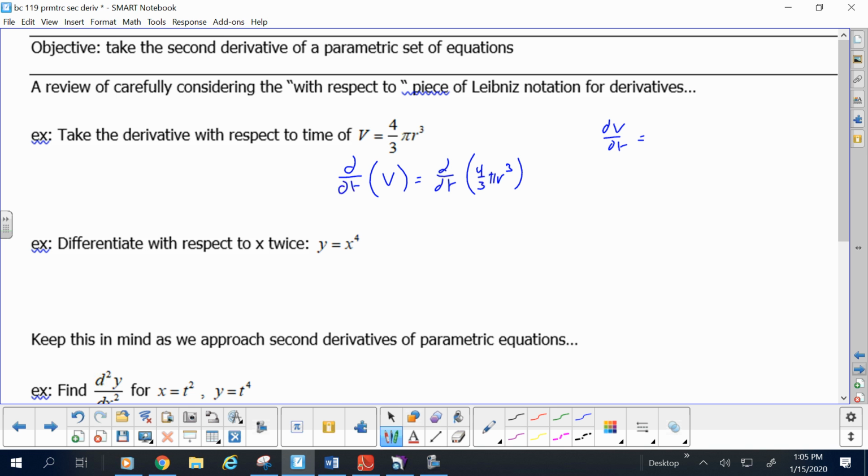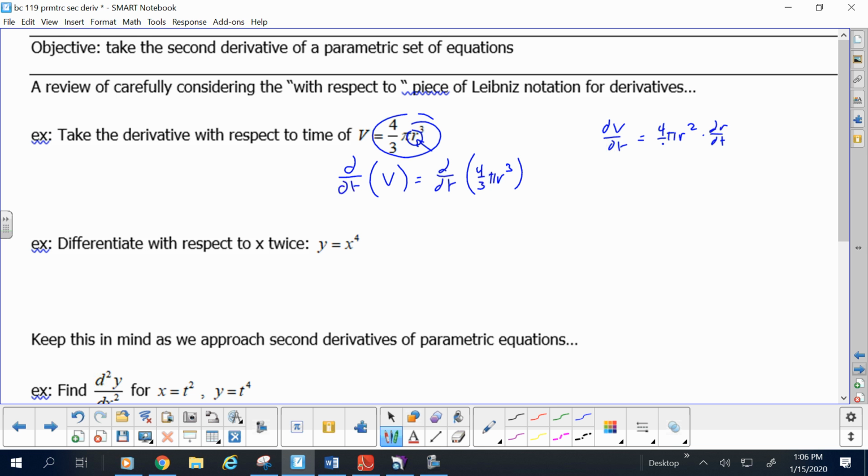The derivative of the right is 4 pi r squared dr/dt. You have been taught that you, in essence, are using the chain rule. You're taking the derivative of the outside, but then you have to take the derivative of the inside. The derivative of r with respect to t is dr/dt, right?